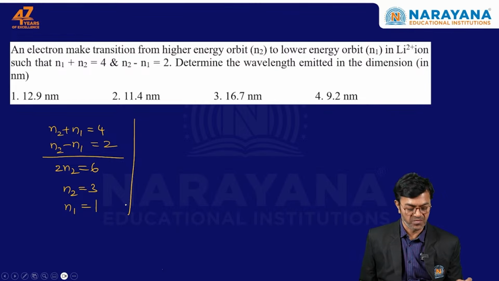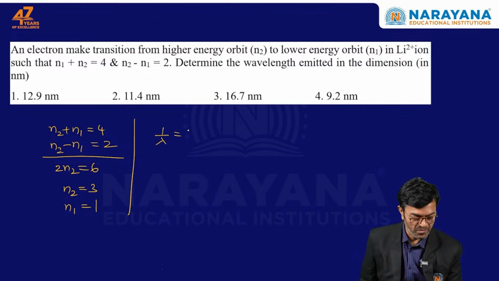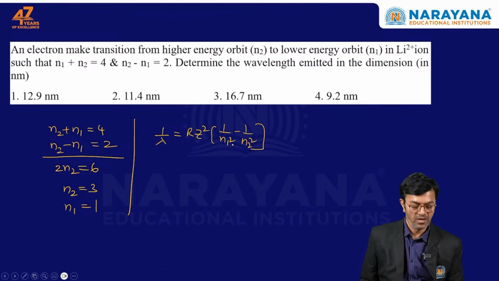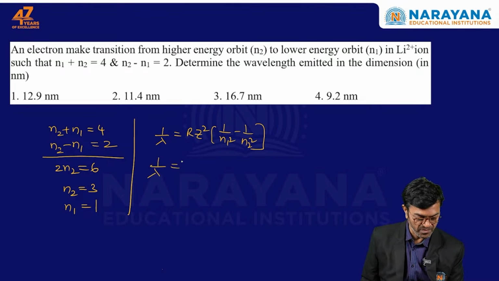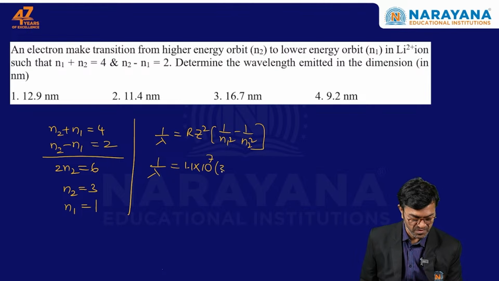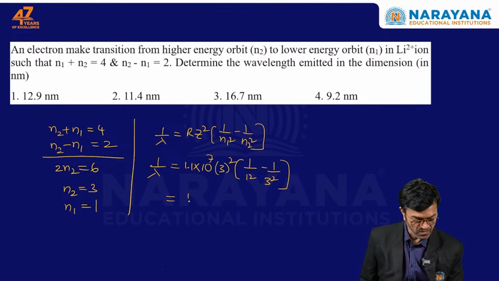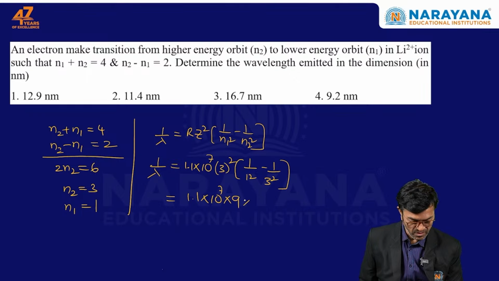We know Rydberg's equation, 1 by lambda is equal to R Z square into (1 by N1 square minus 1 by N2 square). So 1 by lambda, taking R approximately as 1.1 into 10 to the power of 7 per meter, Z for lithium is 3, so Z square is 9, times (1 by 1 square minus 1 by 3 square). That is 1.1 into 10 to the power of 7 into 9 into 8 by 9, so the 9s get cancelled.